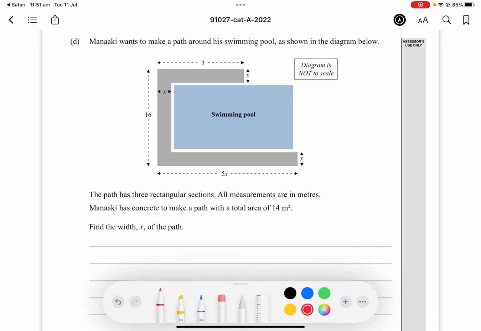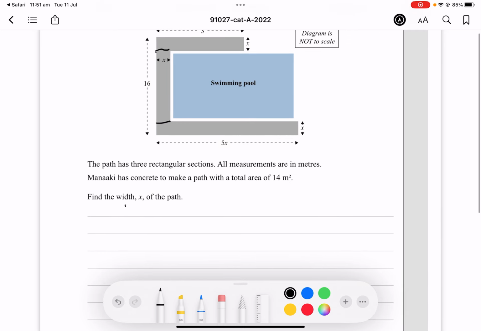So first of all, we want to have an expression for the total area of the concrete. So the total area of the concrete, we can split into 3 significant sections. So if we can split it into 3 rectangles, and we know that the area of a rectangle is given by area equals base times height. So the area will be the sum of all rectangle areas.